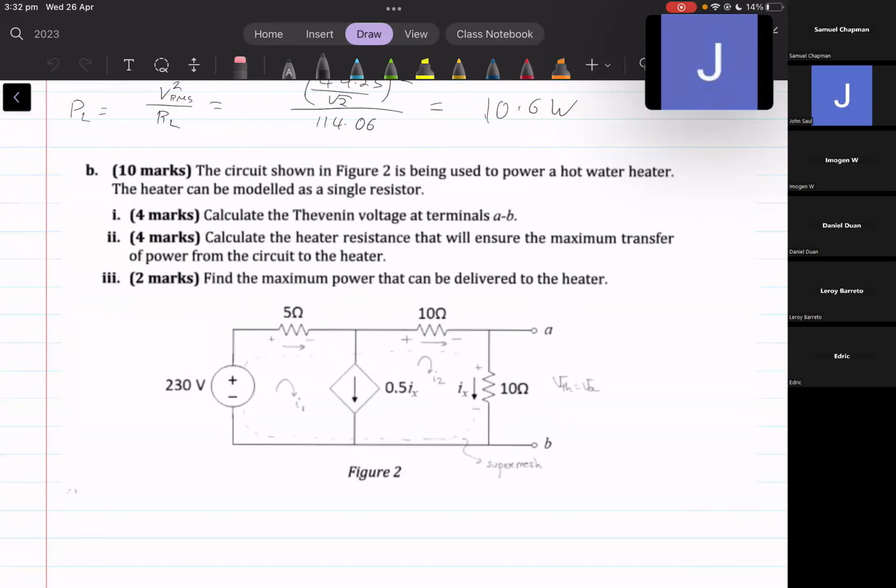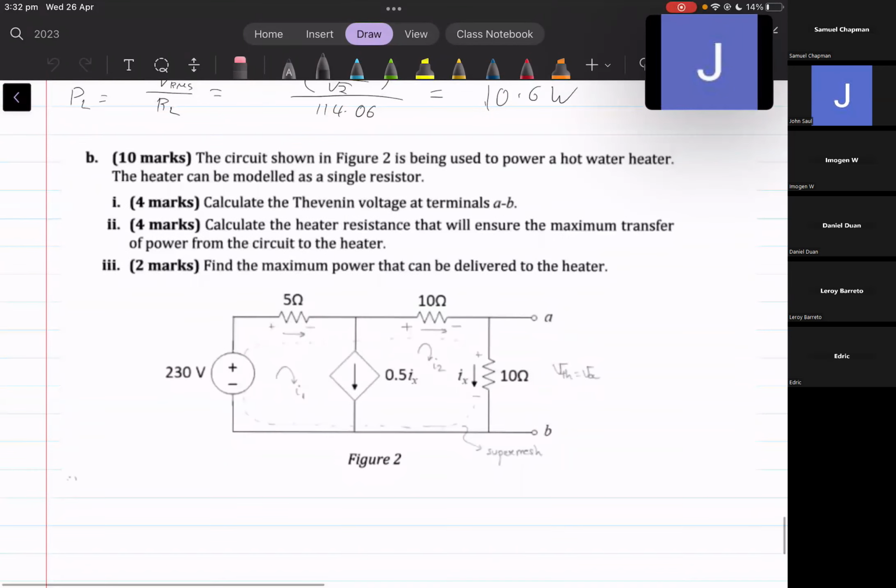So this question is about a hot water heater and just finding the power through it. So for this one, we have both a voltage source and a dependent current source. So how does that change finding the Thevenin voltage? Or does it change it?